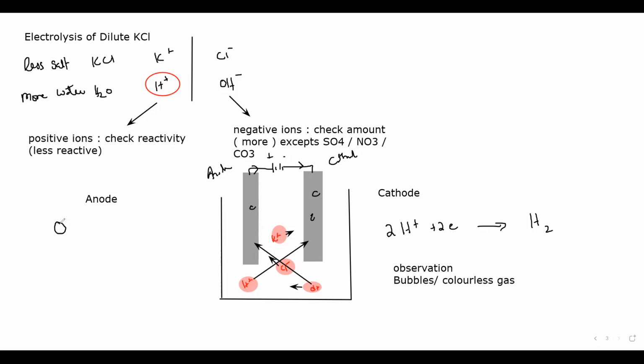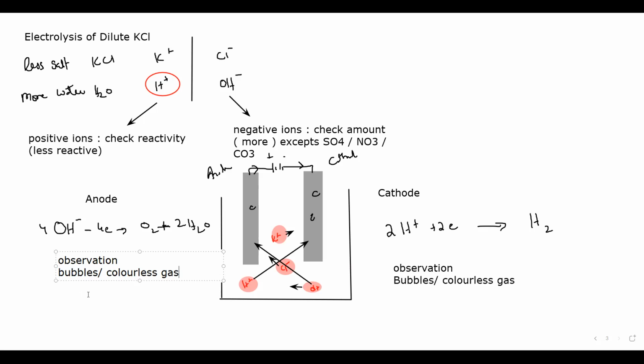So whenever OH ions are there, they will follow the fixed equation: 4OH minus, minus 4e, gives one oxygen molecule and two water molecules. That's a fixed equation which you have to memorize. And what is the observation? Because oxygen is there, we will observe bubbles or a colorless gas.